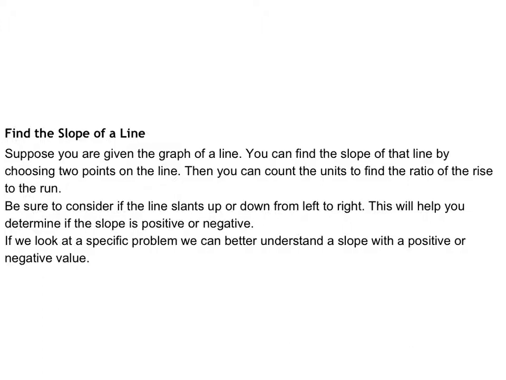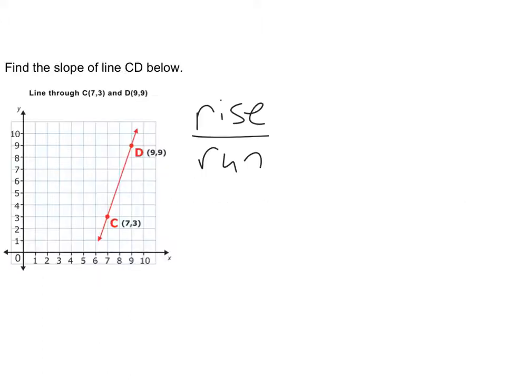If we look at a specific problem, we can understand a slope with a positive or negative value. So we've got this line CD on the graph, and we're going to find the slope of that line. We're given the points C and D. Always start on the point on the left, so we're going to start at point C, because that's the farther left.